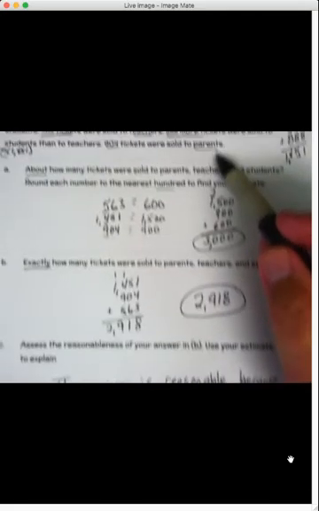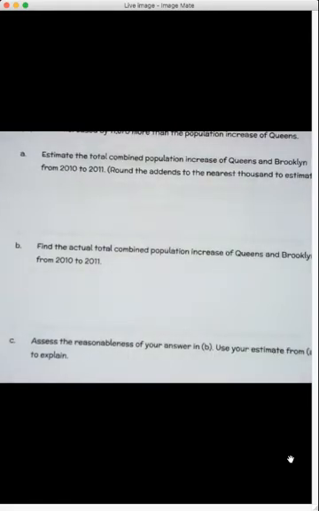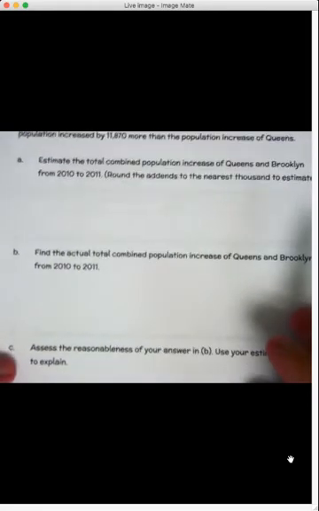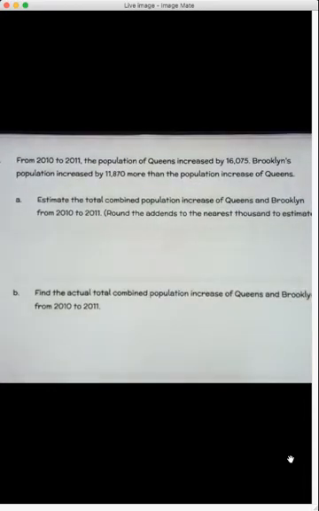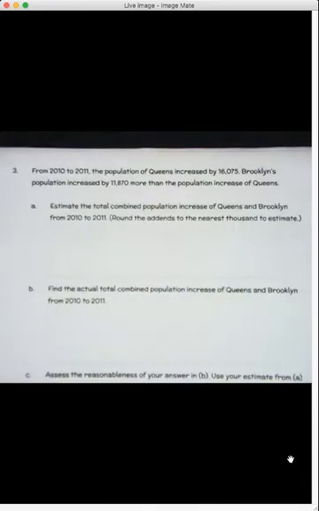The tricky part about these is finding that missing number up here in the problem. So let's look at a couple more, and then I'll let you go work. Number 3. From 2010 to 2011, the population of Queens increased by 16,075.